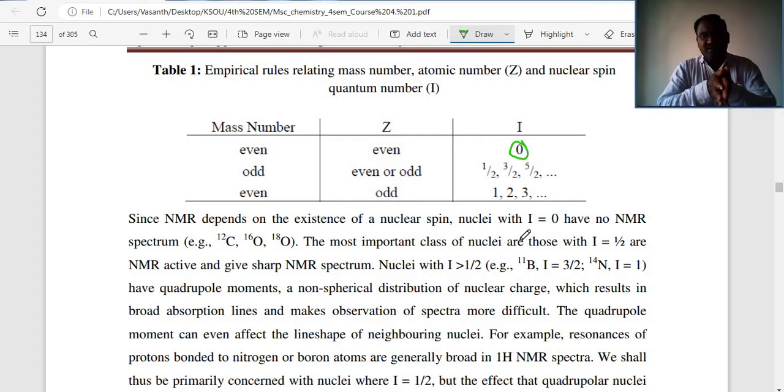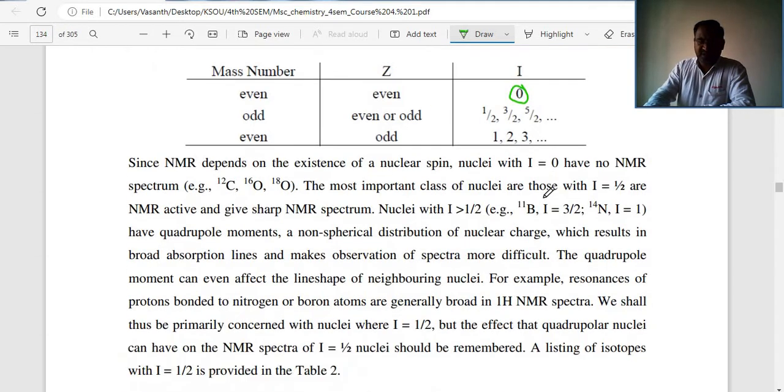If the mass number is odd, whether the atomic number is even or odd, what we get is spin 1/2, 3/2, 5/2. When the mass number is even and the atomic number is odd, the nuclear spin quantum number is 1, 2, 3.